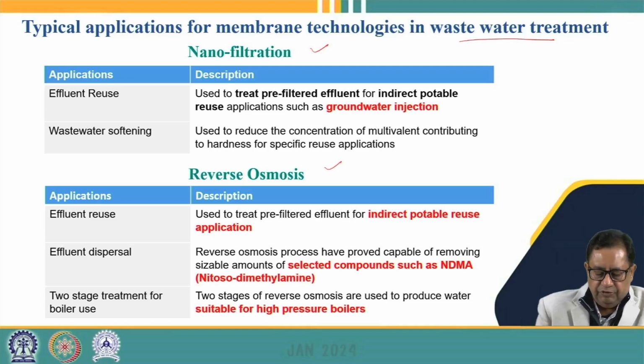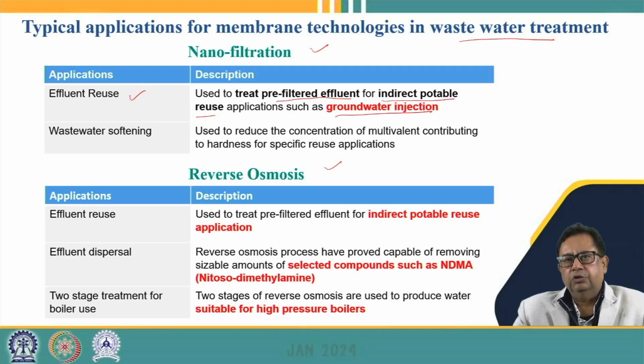For example, when we have the effluent which is coming out from the wastewater treatment plant, we have to take the pre-filtered effluent in such cases, and it can be treated by using the nano-filtration process. The water can be used for indirect potable reuse applications, such as if we want to inject the treated wastewater into the groundwater, we have to go for nano-filtration first of all, so that we can inject it into the ground.